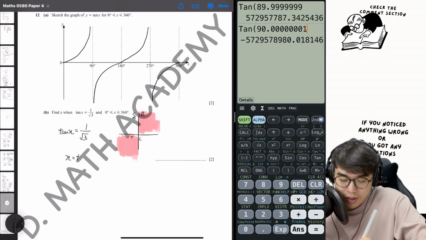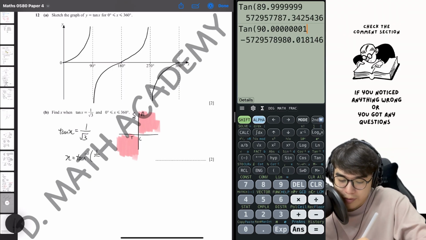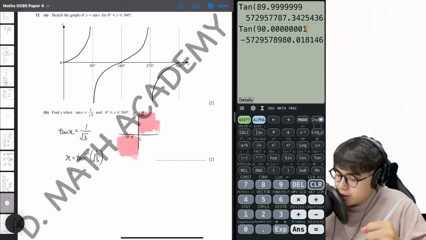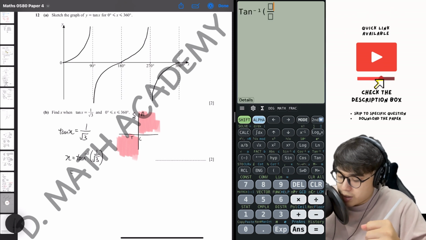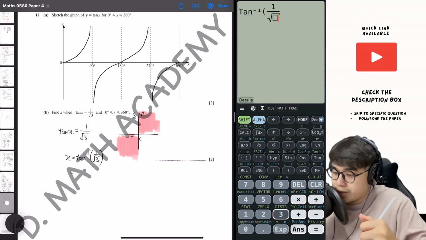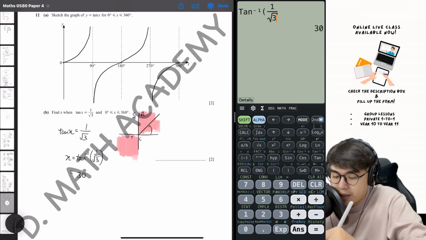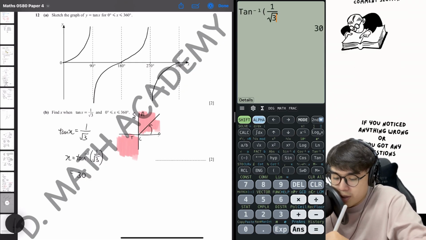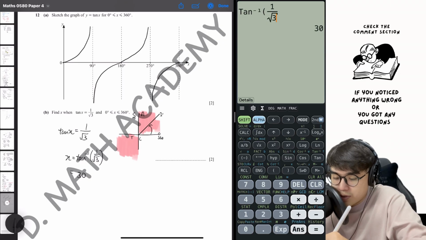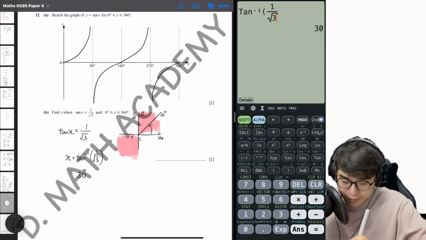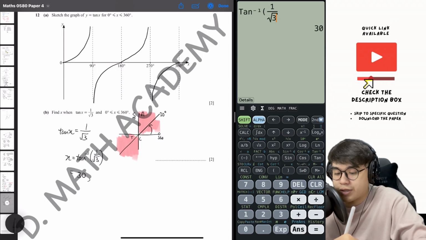So to find your tangent inverse of 1 over square root 3, you will get 30 as your first answer. Okay, that's implying from here to here. So this is your first 30-degree result. That's one of them because I shaded 2 parts.